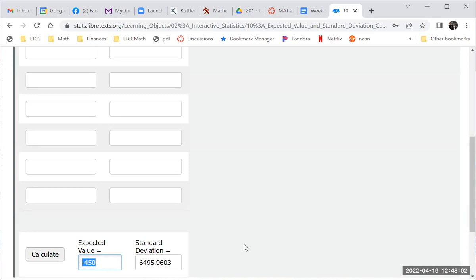So is it a good idea to buy life insurance? I think it depends on the situation. Yeah, it's a tough question, right? If all you cared about was the average, then it's a terrible idea. Okay. I had life insurance. Anyone know when I had life insurance?